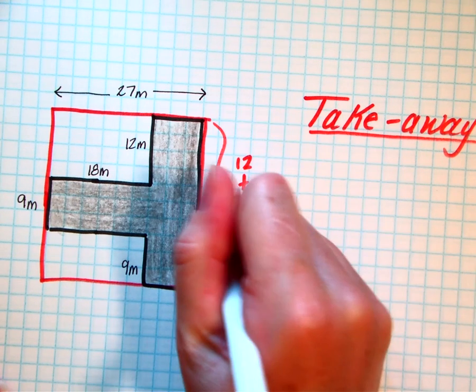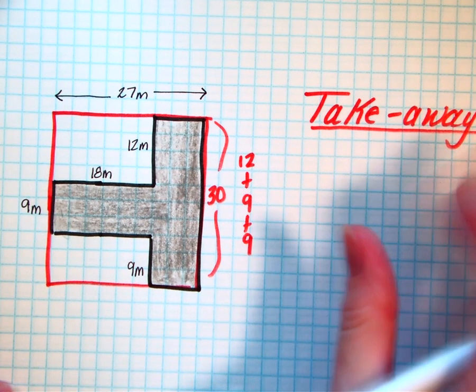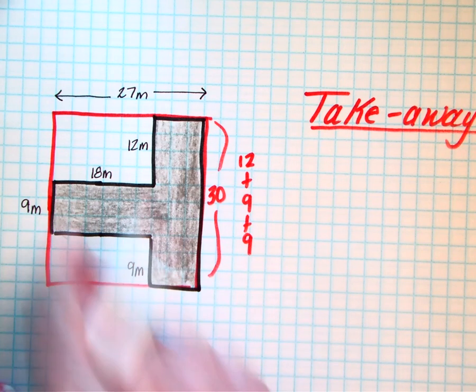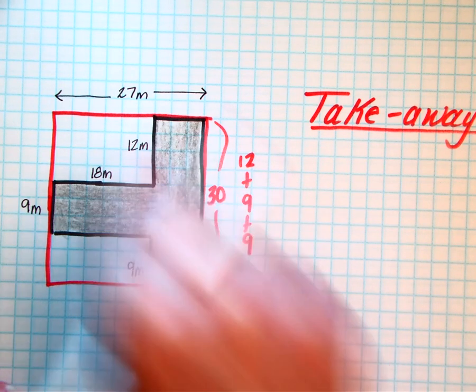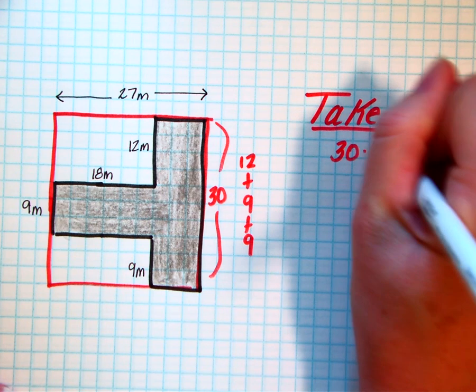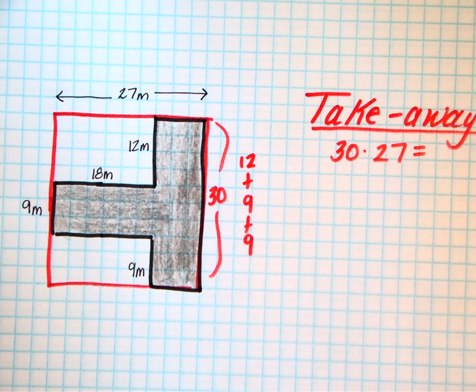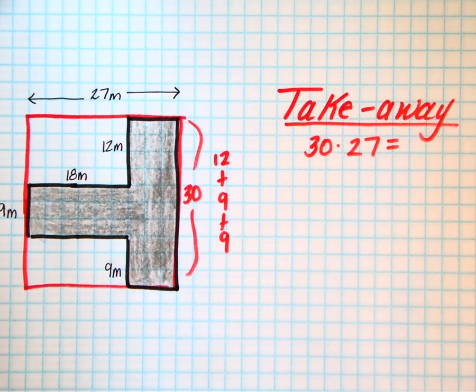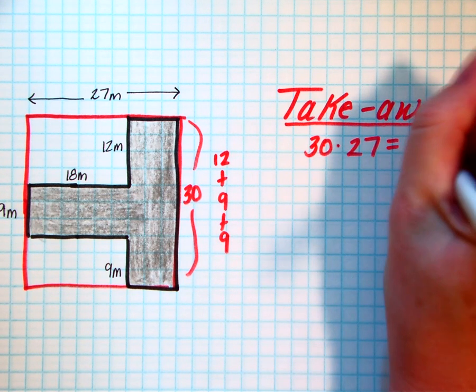So this whole thing is 30. If I want the area of the big rectangle, it's 30 times 27, which is 810.